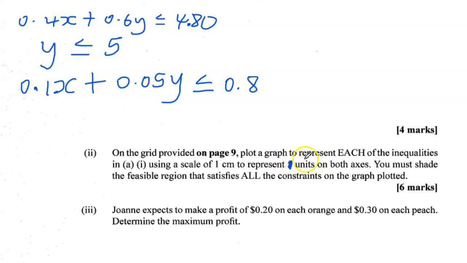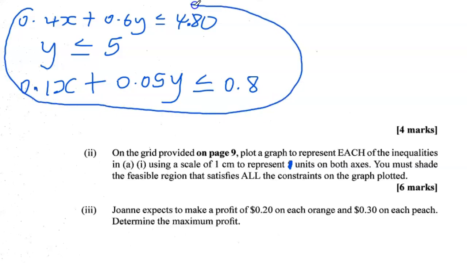So let's just fix that. And we must shade all the feasible region that satisfies all the constraints on the graph plotted. So these are inequalities. Let's copy them to the graph sheet so we can look directly at them while we're doing our graph.